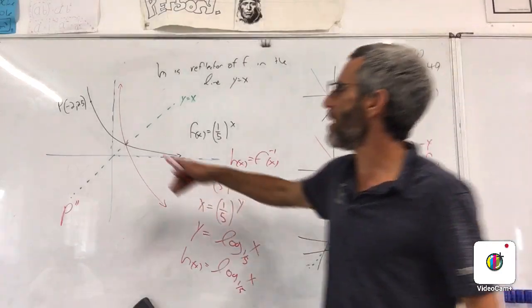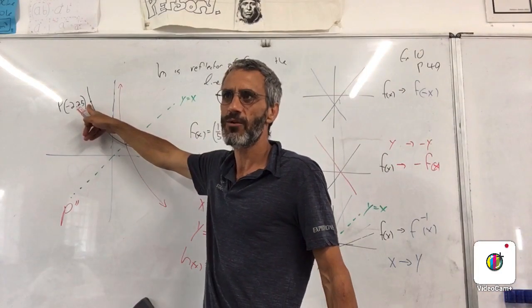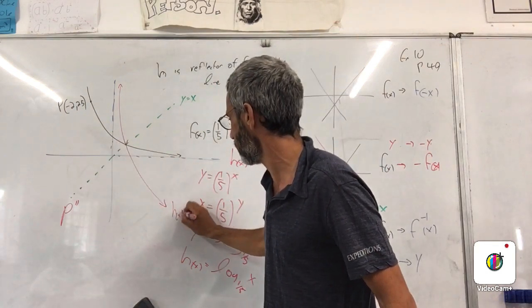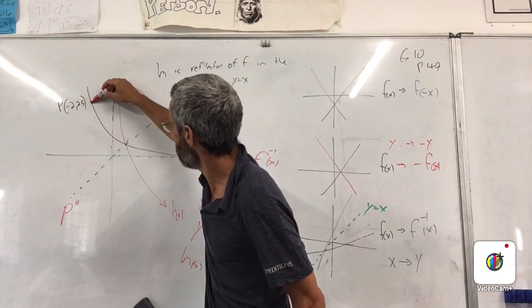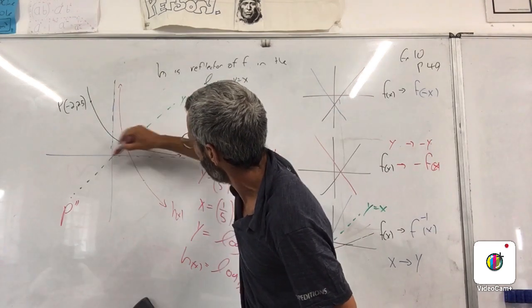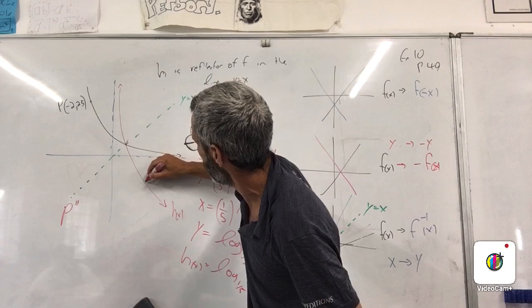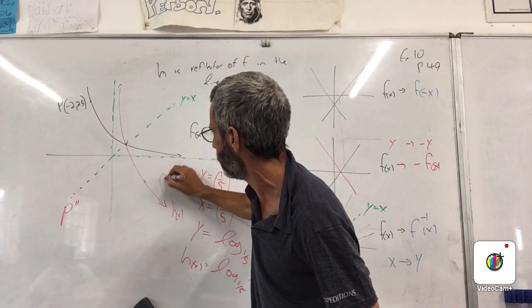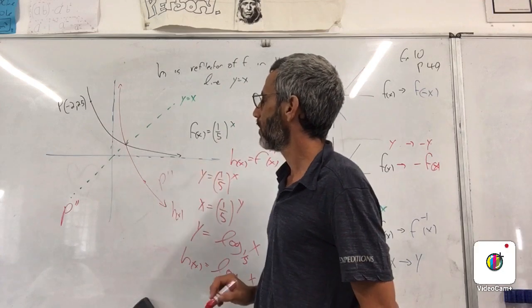So what does it mean, the image of p on h? If this is h of x, the image of p is the reflection along the line y equal x. So it's somewhere here. Image of this means reflect this. So it'd be 2 and minus 2.